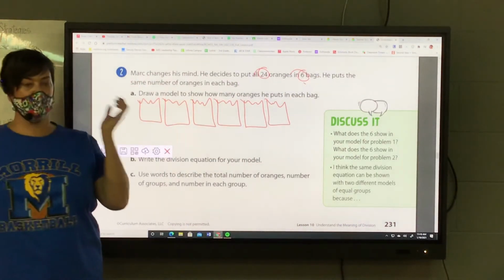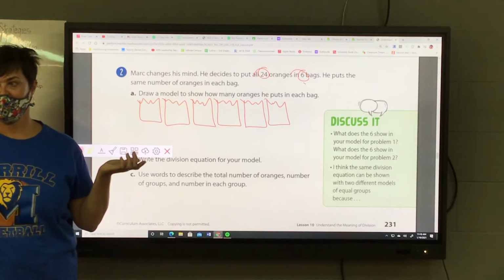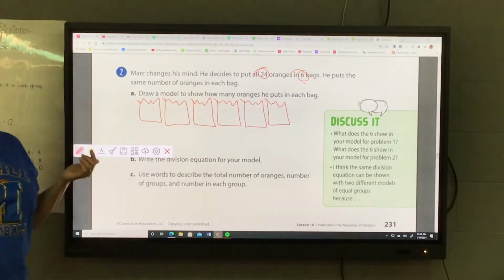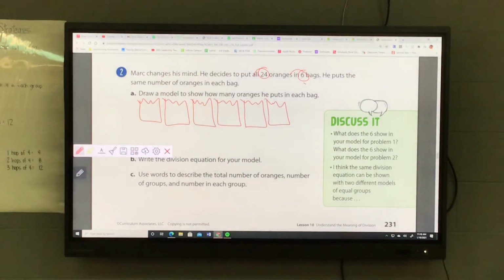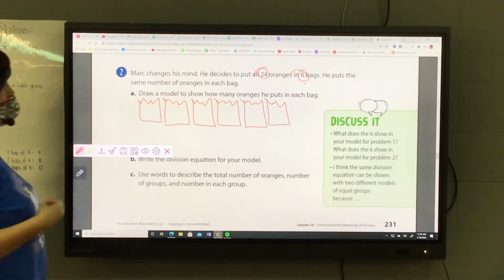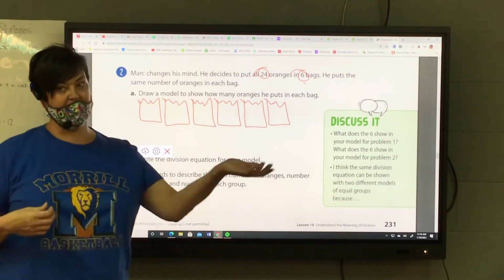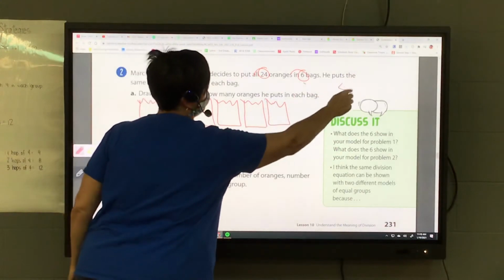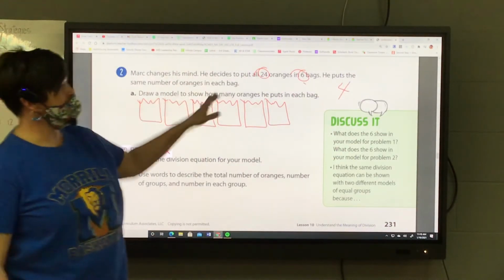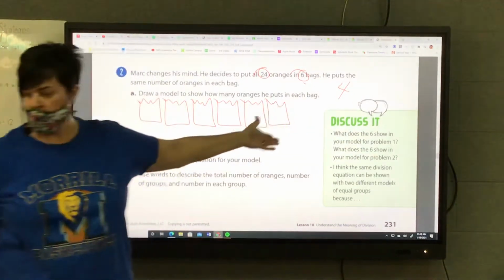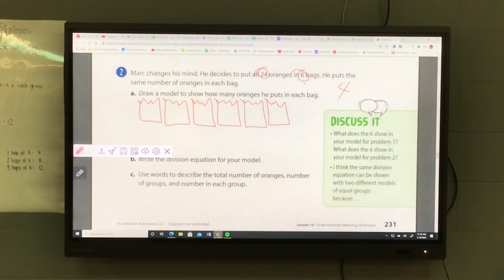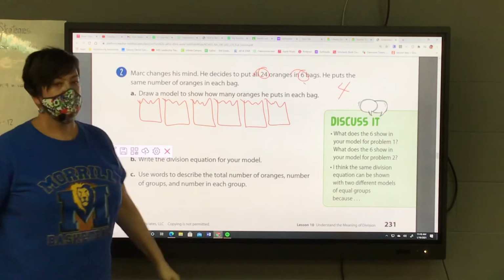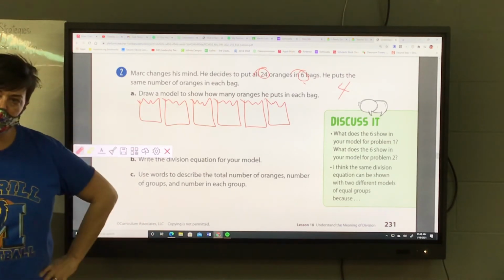Do you know how many oranges would go in each bag then? Look back up at number 1. He started out with 24 oranges and he put 6 oranges in each bag. How many bags did he have the first time? 4. He had 4 bags the first time. And we had said 24 divided by, what was it? 6 equals 4. Do you see what they're doing in this problem? Yeah.